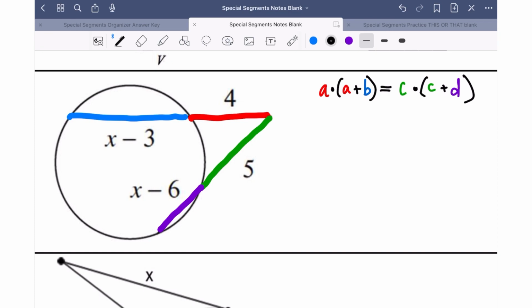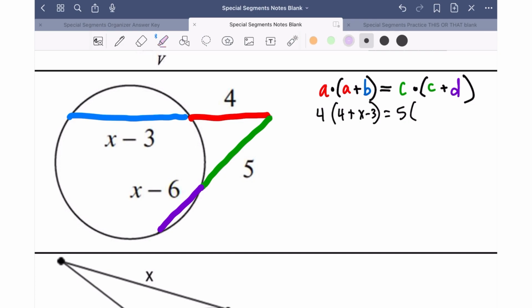Okay, so the outside, 4, times the whole thing, 4 and x minus 3. So 4 times (x minus 3) equals the outside of the other one, which is 5, times the whole thing, which is 5 and x minus 6.